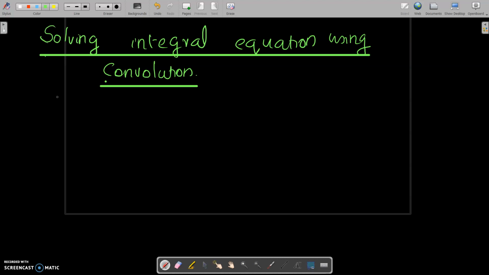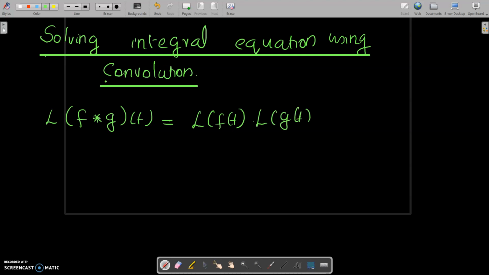And what was the convolution theorem? The Laplace transform of f star g of t is equal to the Laplace transform of f of t into the Laplace transform of g of t.